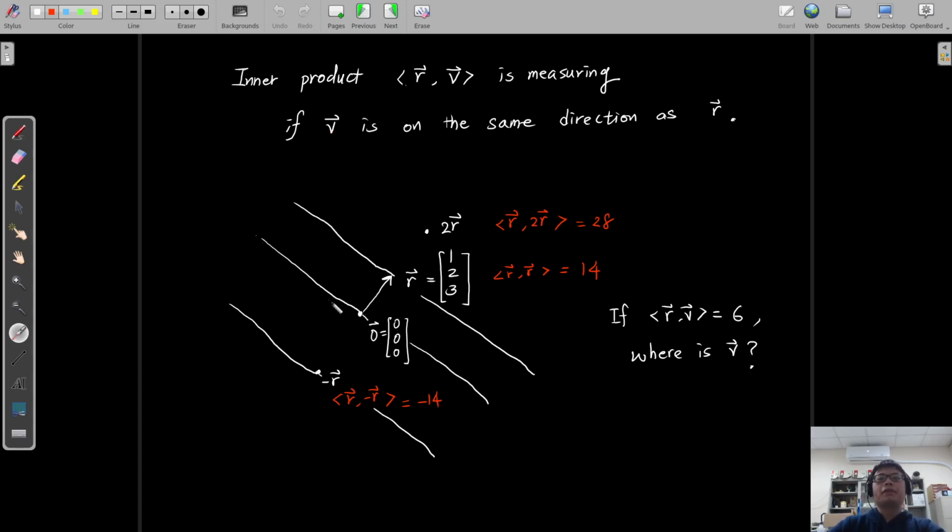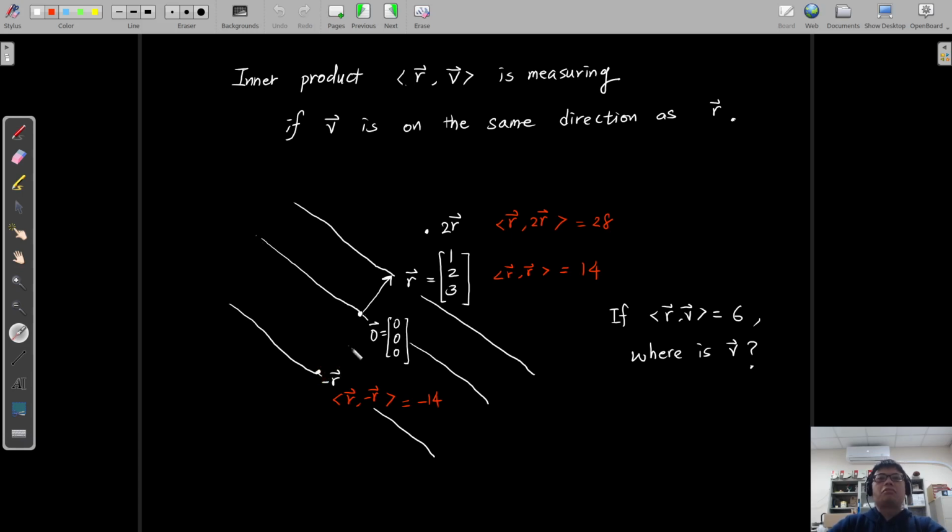Here is what I mean. This is the r vector, and then you can take the inner product of r with r itself, 2r, minus r, and 0. And then you will get the inner products 14, 28, 0, and minus 14.